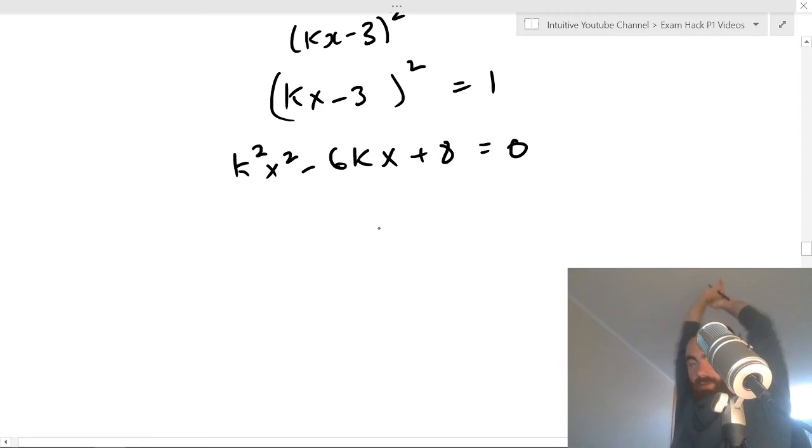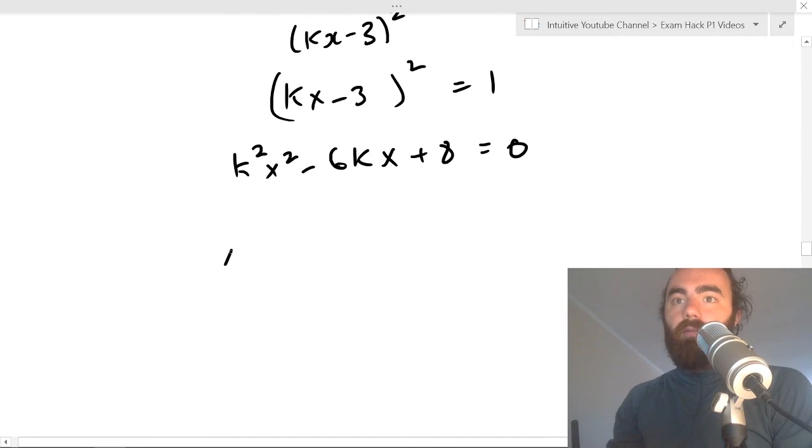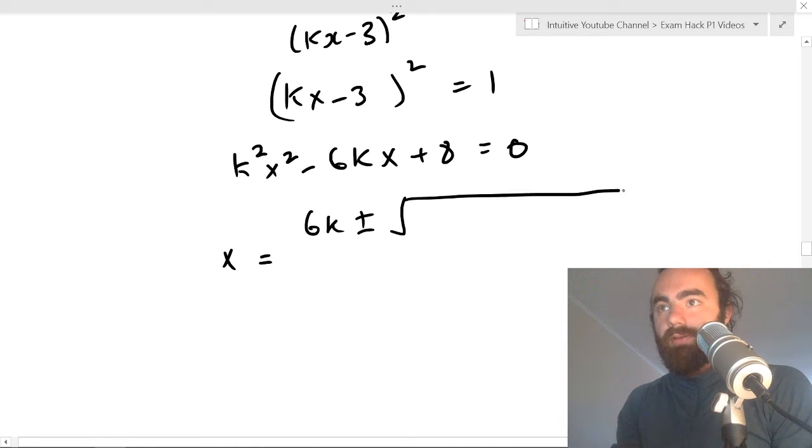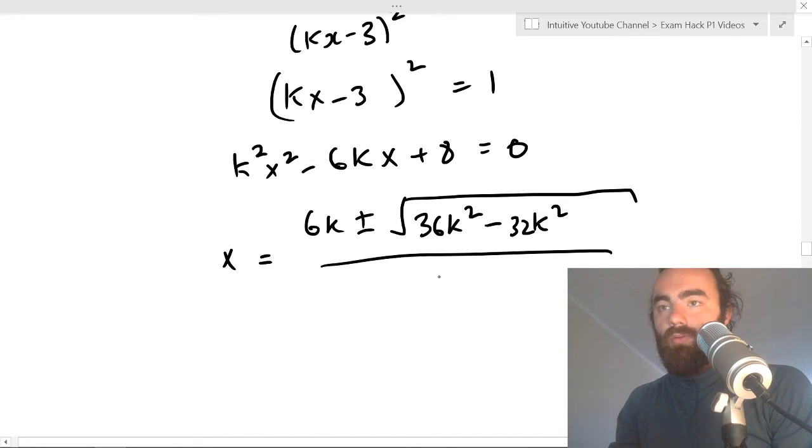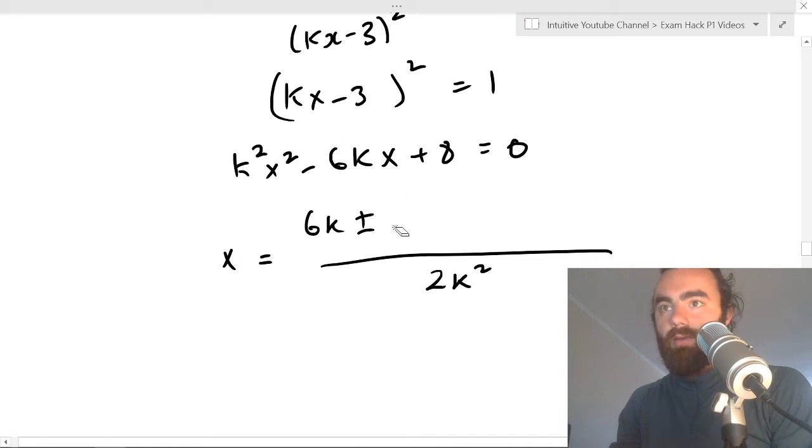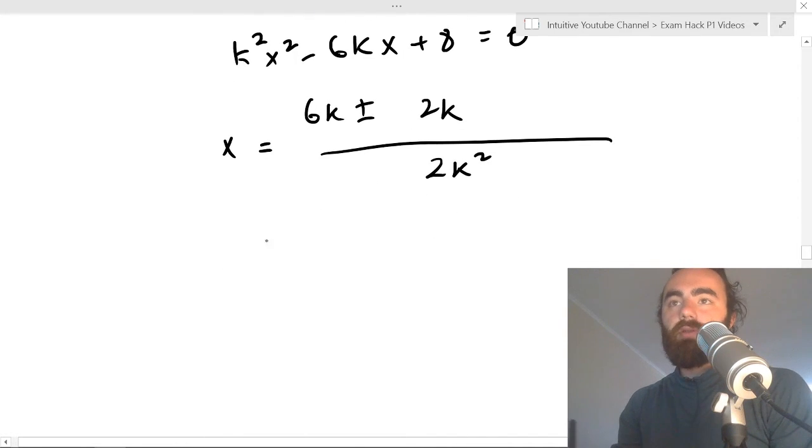Right, so then we can figure out our x coordinates. So we get 6k plus or minus the square root of 36k squared minus 4k squared times 8, which is minus 32k squared, all over 2k squared. That's just 4k squared, and when we square root that, we get plus or minus 2k.